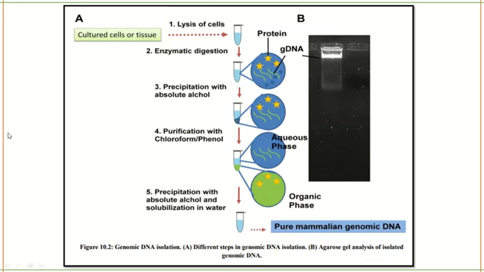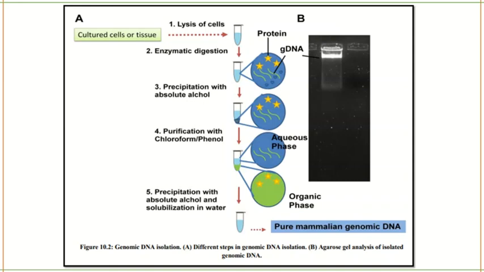So first, lysis of the cells. You're going to lyse the cell, enzymatic digestion. These are the steps in order to get the pure mammalian genomic DNA. To get the mammalian genomic DNA itself is a very big step. It is not a simple thing.